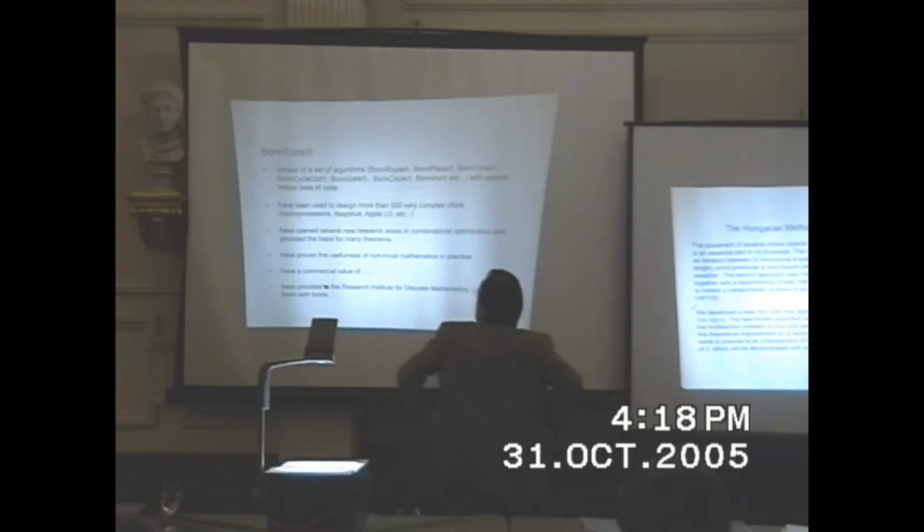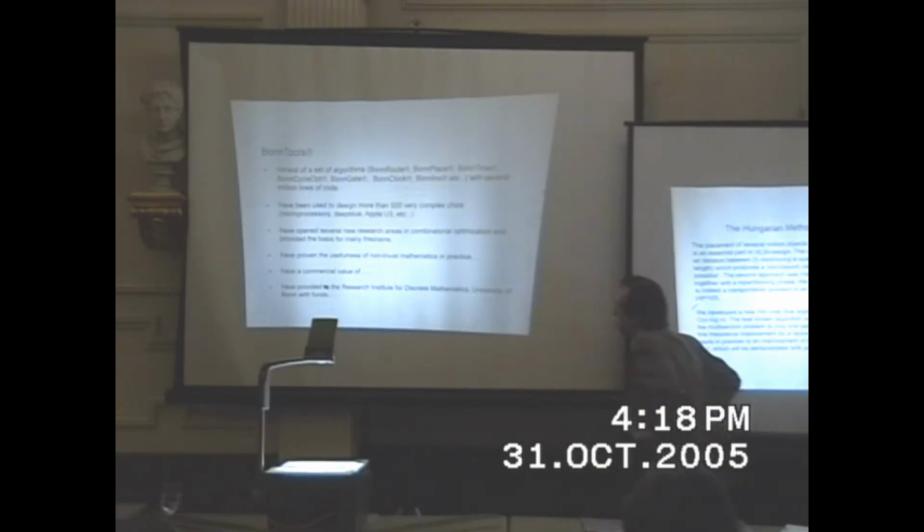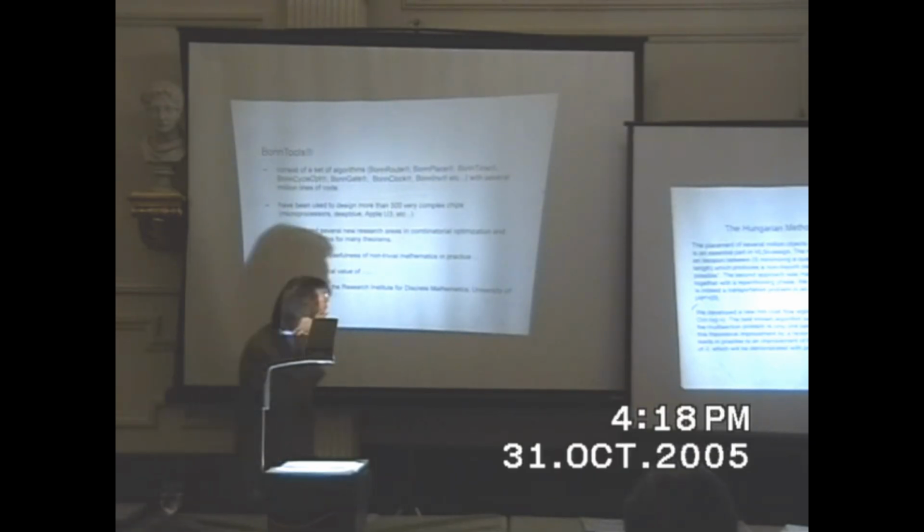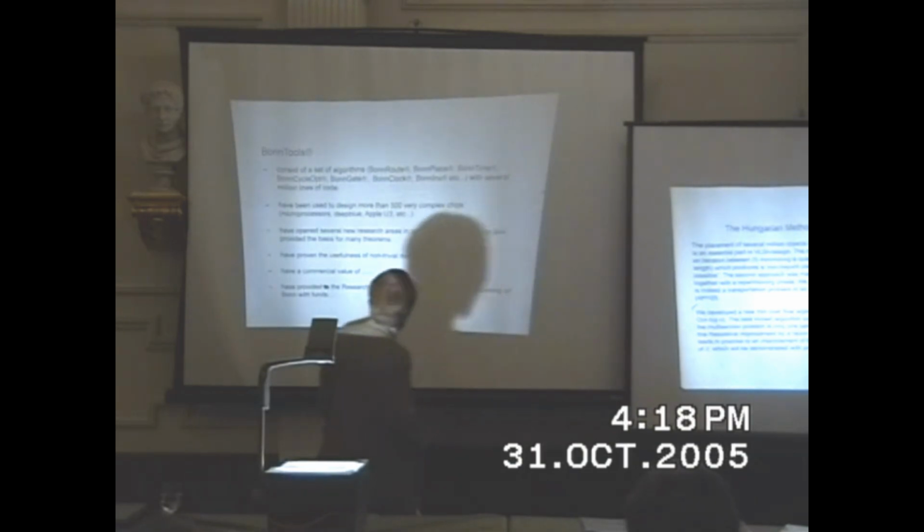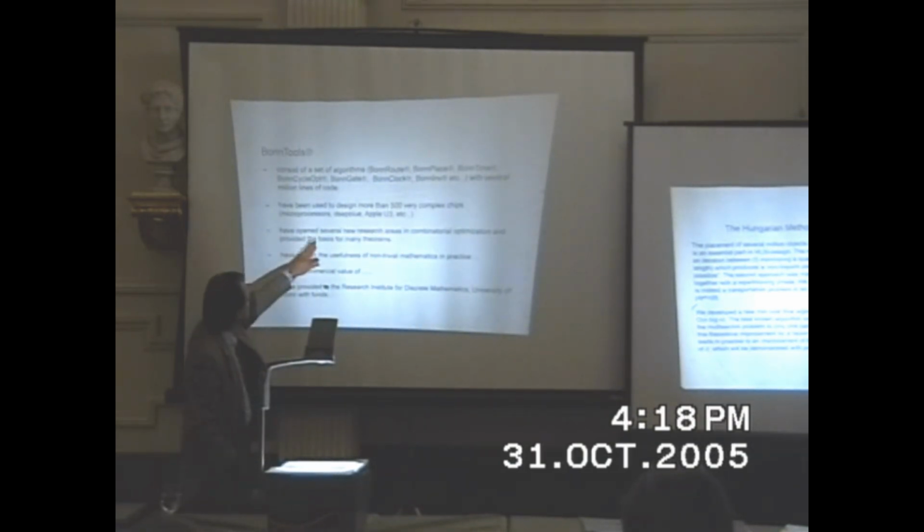Of course, BonnTools have opened also several new areas of research in combinatorial optimization and provided the basis of many new theorems, which is not as easy as making up theorems by just working in a theoretical environment. I will give you at least 2 or 2.5, 3 new theorems I will talk about today.